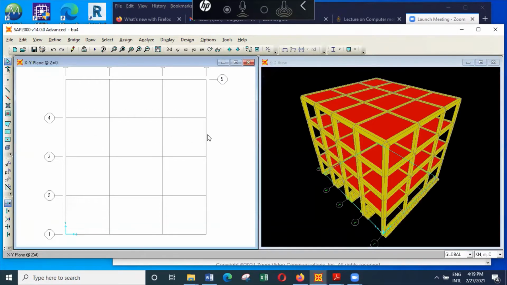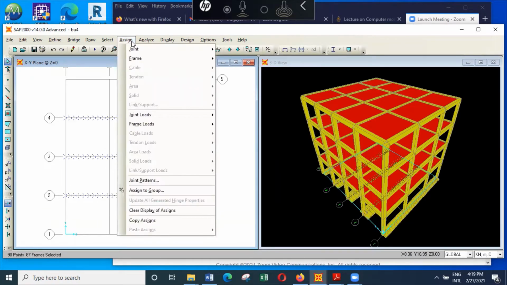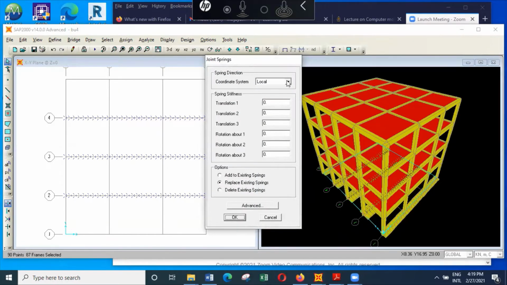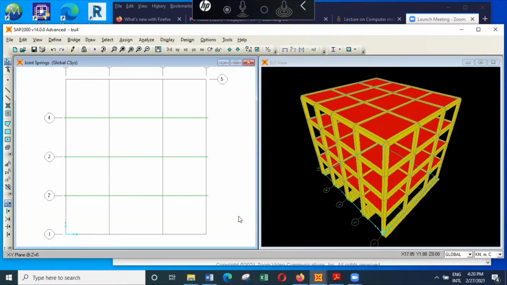So the spring constants for all these will be 8,640. Assign, joint, springs, global, 8,640. And for the 1 meter wide one, that is 9,600 into 1 into 0.5. So for these ones, the spring constant is 4,800.